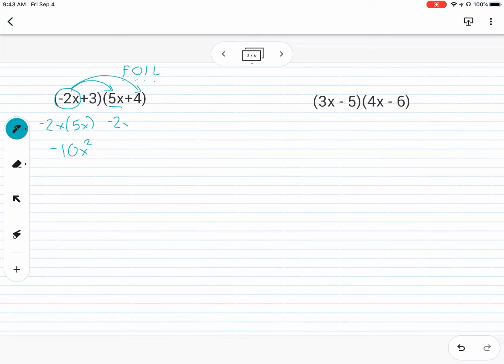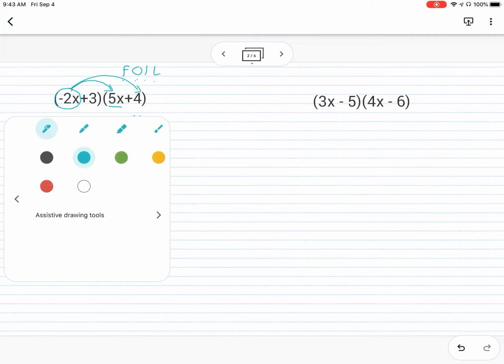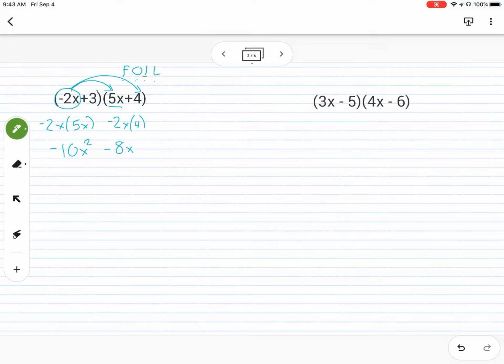Outer, so the negative 2x and the 4 would be negative 8x. Then we do inner, so 3 and 5x would be 15x. And then the last two, 3 times 4, gives us 12. Right?